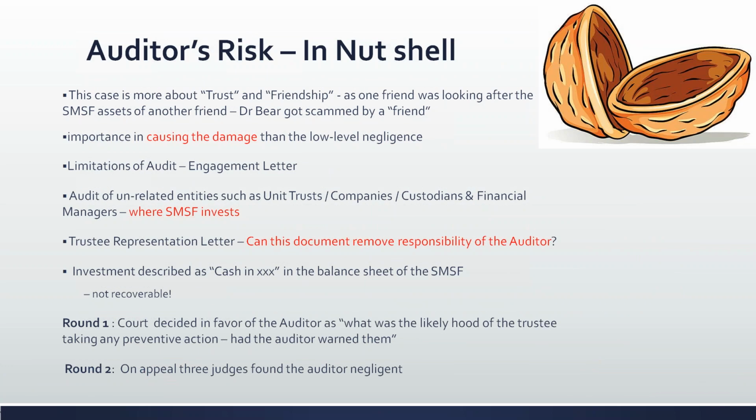In a nutshell, I was able to go through the initial case and then the appeal, and I thought that this was more to do with trust and friendship. What happened is the trustee of the super fund trusted a very good friend to look after the trust money, and the person who was looking after the money did not inform the trustee that there were problems in the investments.